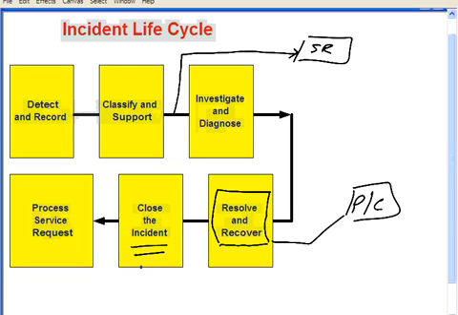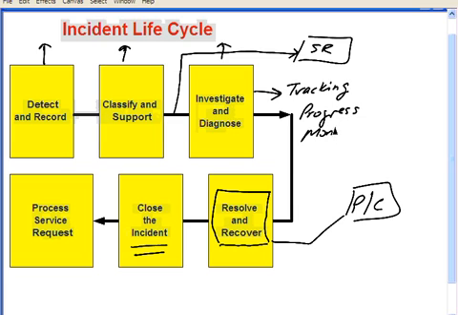Now realize that all along the way, and I don't have this written down here, there should be an offshoot from each one of these steps of the life cycle. This offshoot should be an ongoing tracking process and progress monitoring. Along every step of the way, you're going to have some real-time live monitoring and tracking of the process.